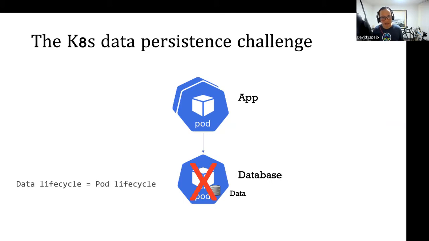So in summary, the life cycle of the data that a pod in Kubernetes creates is completely tied to the life cycle of the pod. Data life cycle is tied to the pod life cycle, and that's a problem because pods are meant to be short-lived, right?